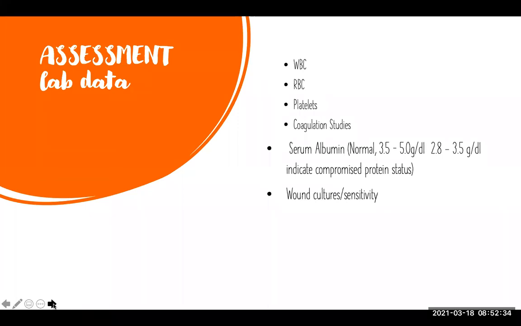Prolonged coagulation studies, those are your PTT levels, prothrombin count, partial prothrombin counts. When they're prolonged, this means it's taking longer for the body to produce blood clots. And so if it's prolonged, then they are going to bleed easier.